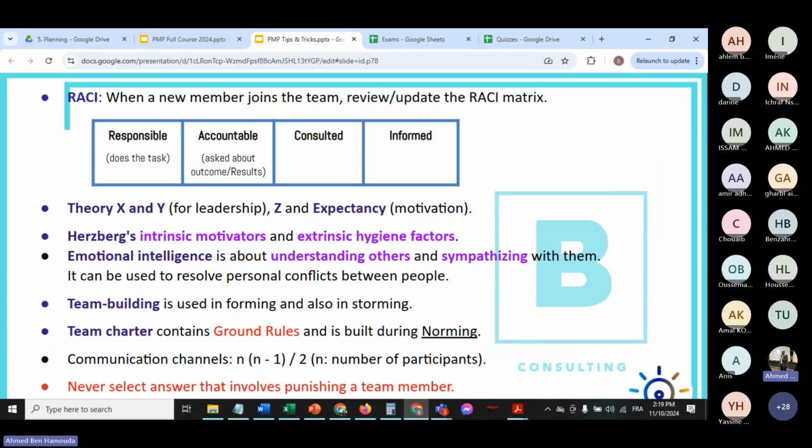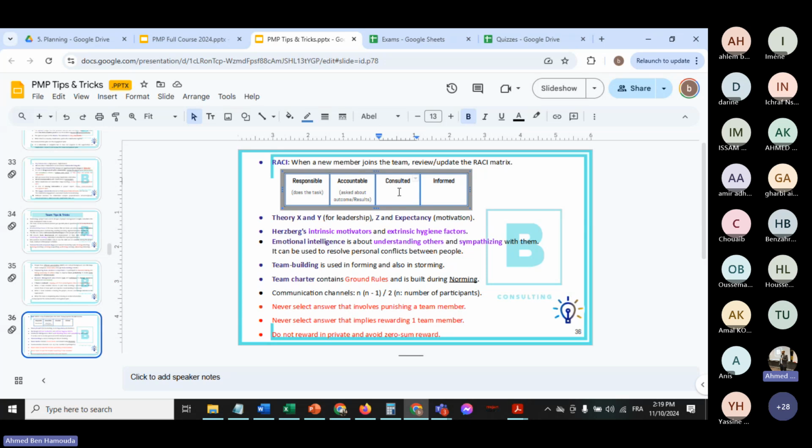Okay. For example, let me put it down here. Let me add it. For example, for their opinion, actually, let me put it like this, for their opinion. All right, let me just put this in the same format.